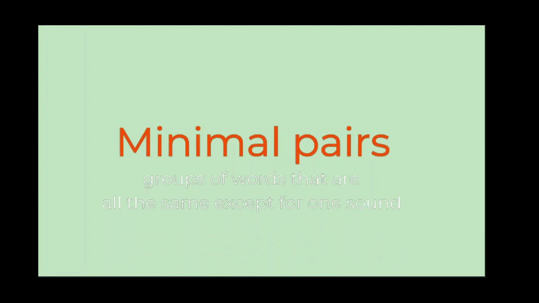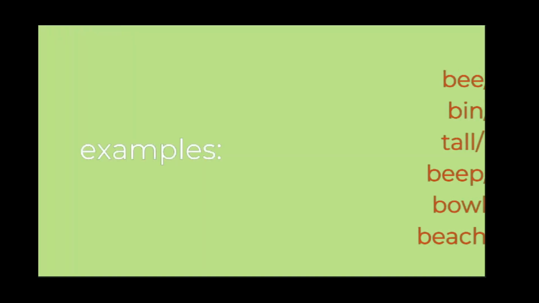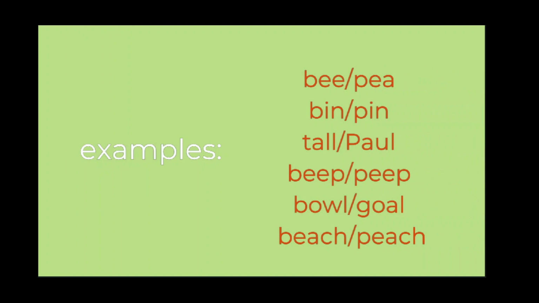Minimal pairs are a group of words that vary by only a single sound. For example, B and P: bin and pin, toll and pole, beep and peep, bowl and goal, beach and peach.